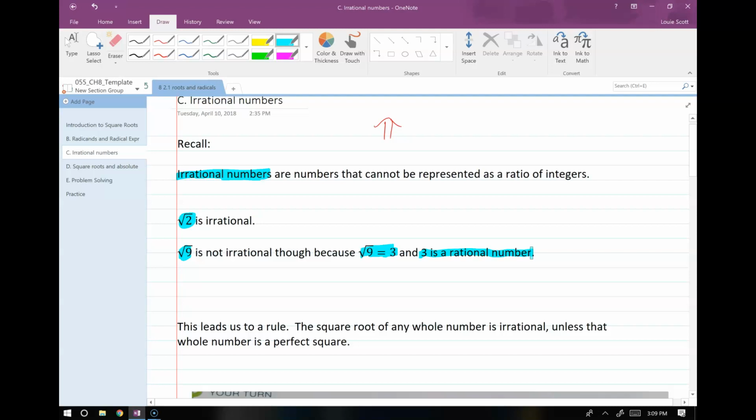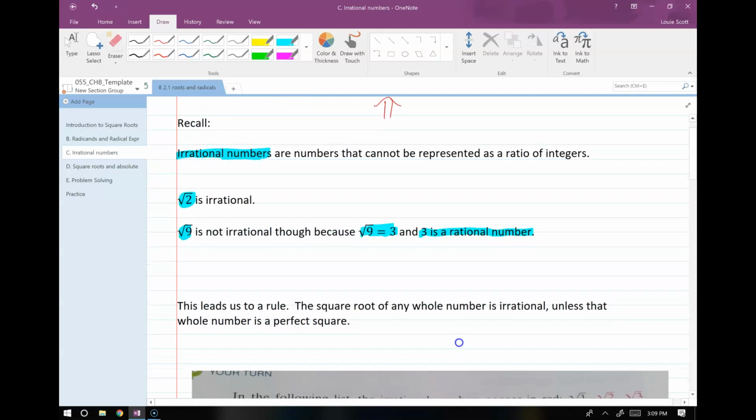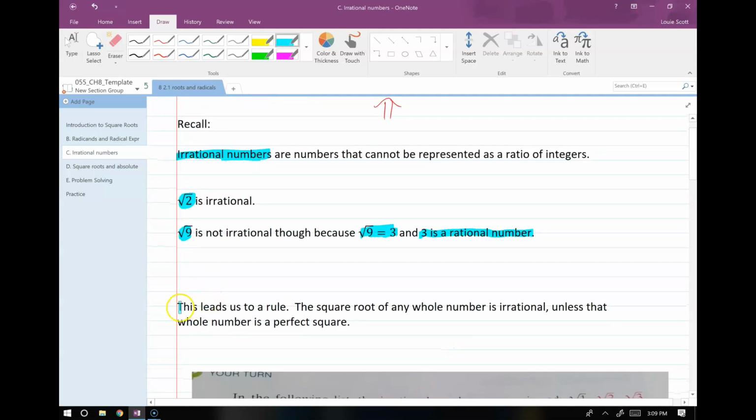So this leads us to a rule for determining whether these numbers are rational or not. The rule is that the square root of any whole number is irrational unless that whole number is a perfect square. The list that I handed out to you is the list of the first 50 perfect squares.